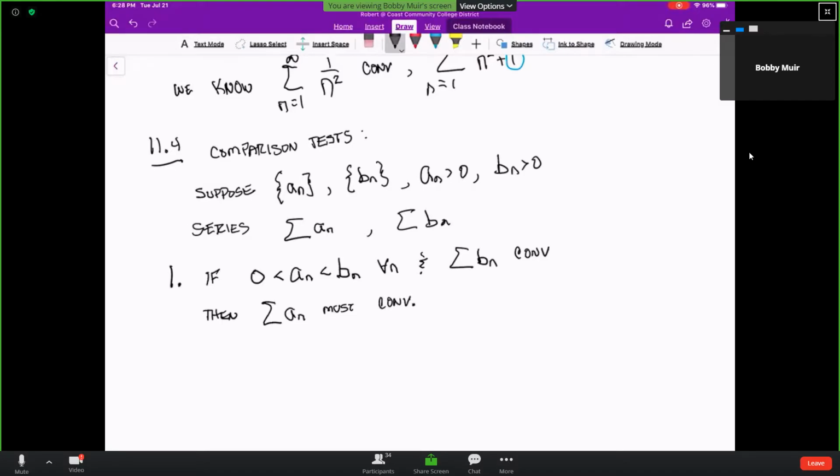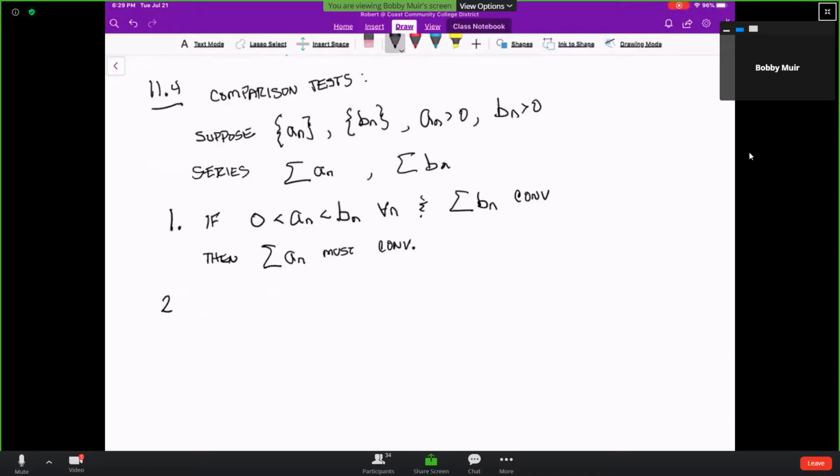Now we'll prove this stuff, but it just kind of stands to reason. If you're adding up all these b's and they're adding up to some finite number, and each one of these a sub n's is smaller than its corresponding b sub n, then this sum must converge.